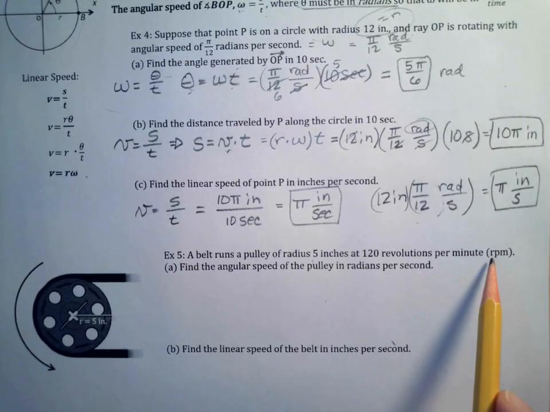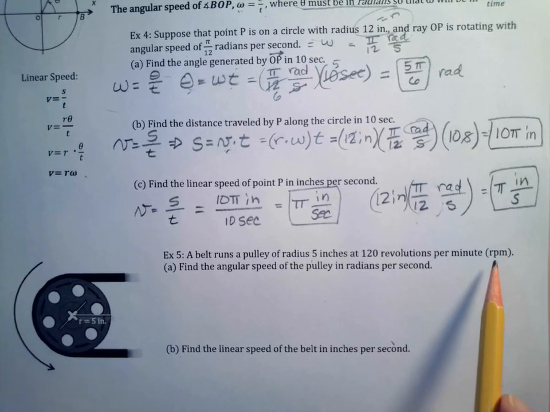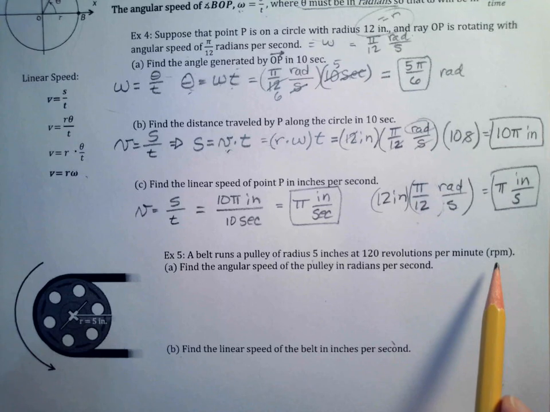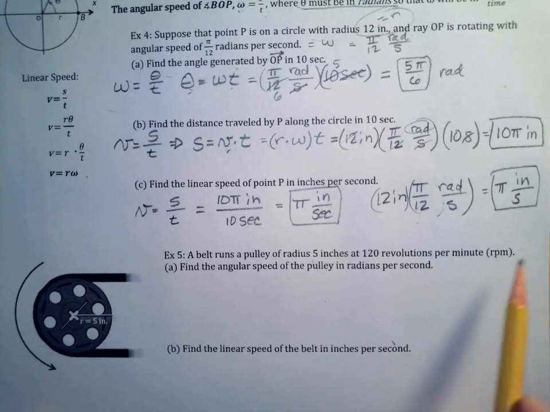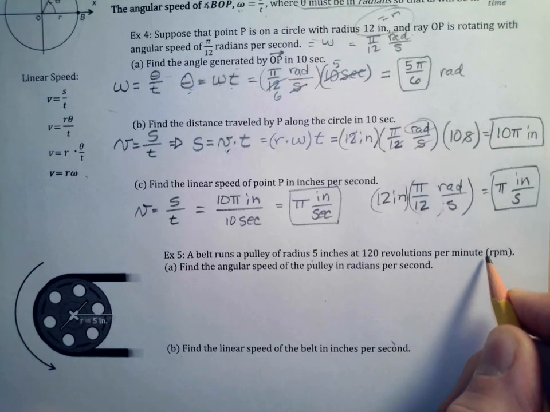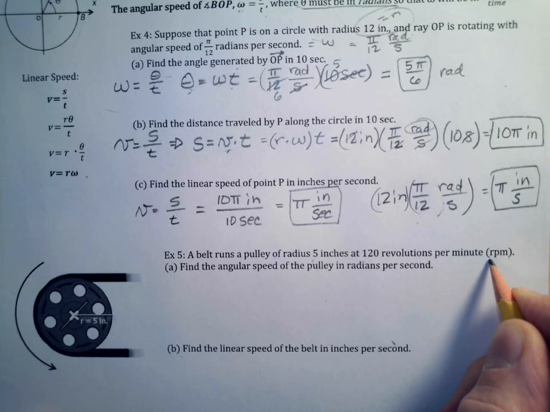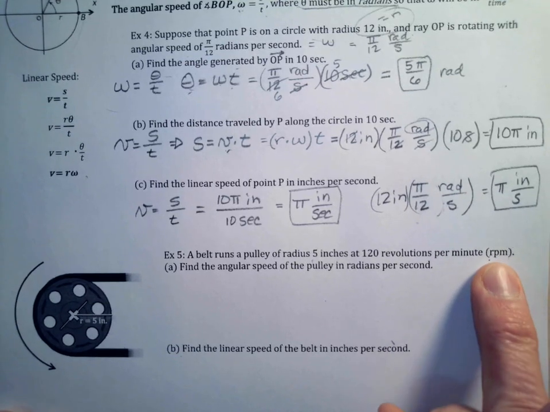That R for RPMs is revolutions per minute. It's like 45 RPMs was a standard rotation rate on a record player. So RPM, the R does not stand for radians. It universally, everyone knows, stands for revolutions per minute. So when you see that on a test, do not think that's radians, it's revolutions.